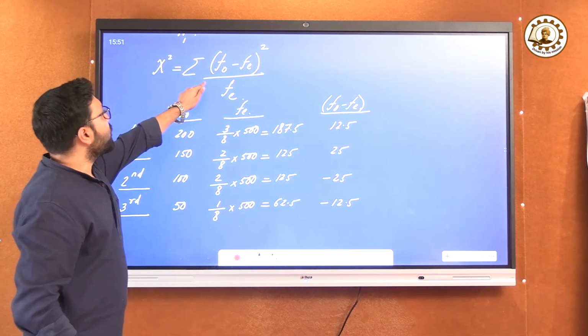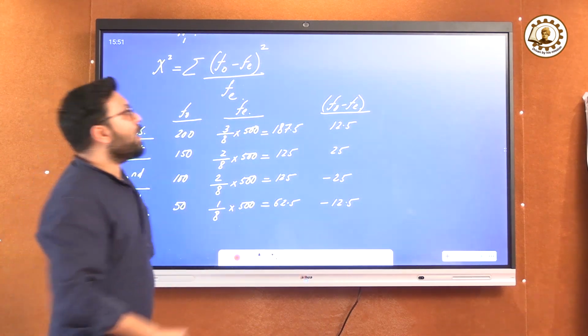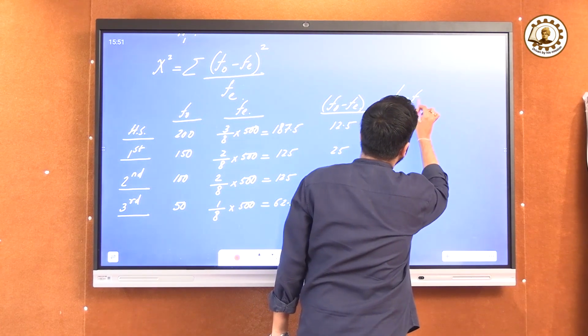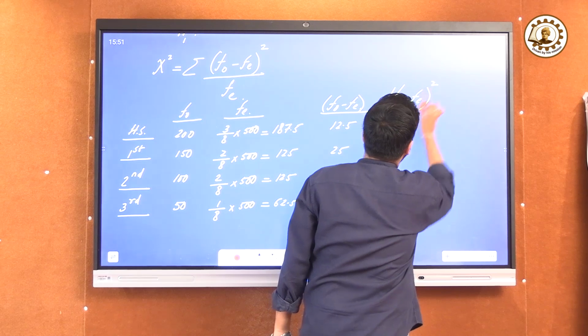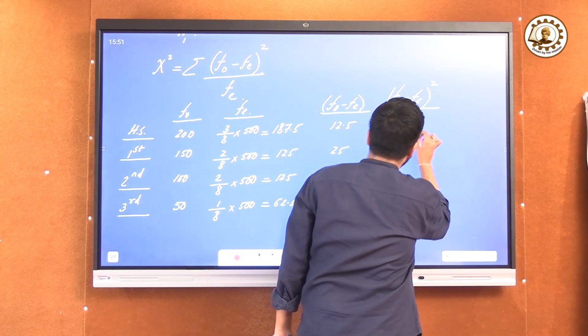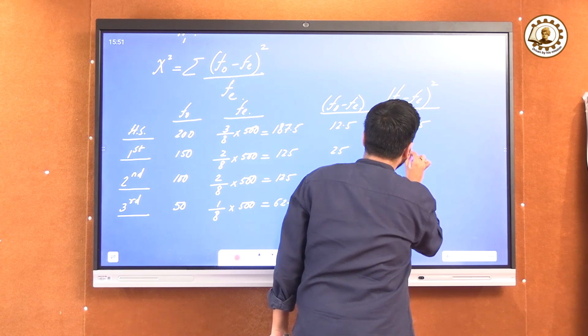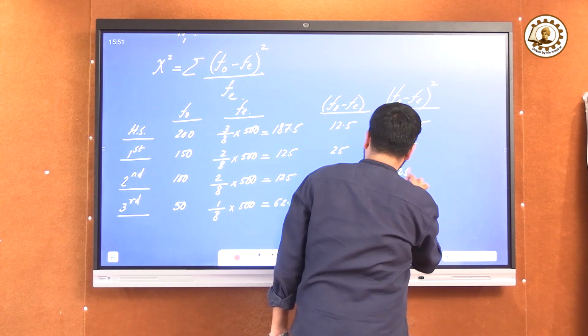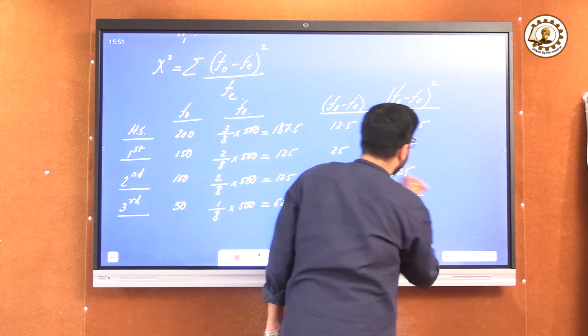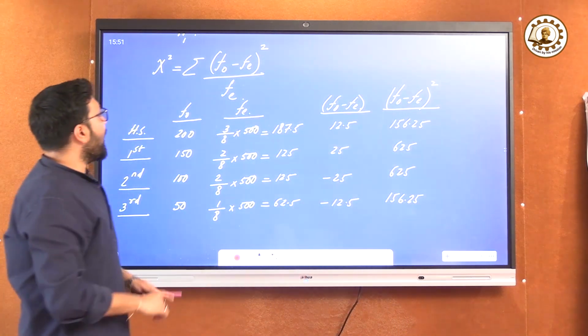Now look at the distribution, it is FO minus FE whole square. That's why we are counting FO minus FE whole square. So it is 156.25, it is 625, it is 625 and it is again 156.25.